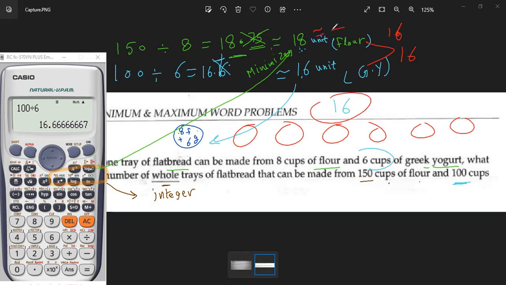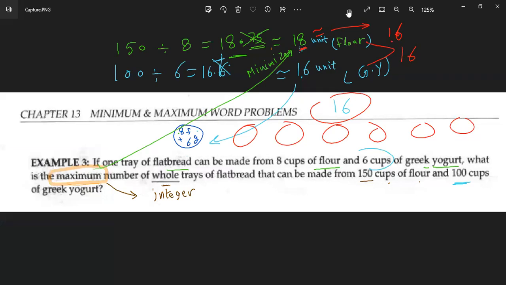We minimize 18 to be 16 because the problem asks about the maximum amount possible for all. If we took the extra 2 scales of flour, we could not make bread with them, because there is not enough Greek yogurt, not exact.